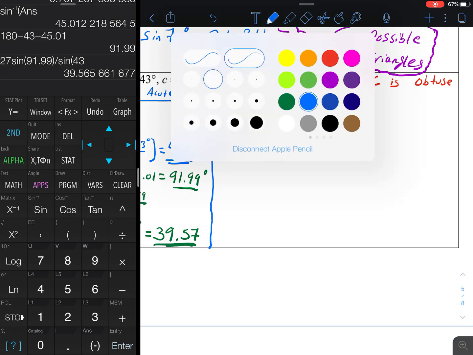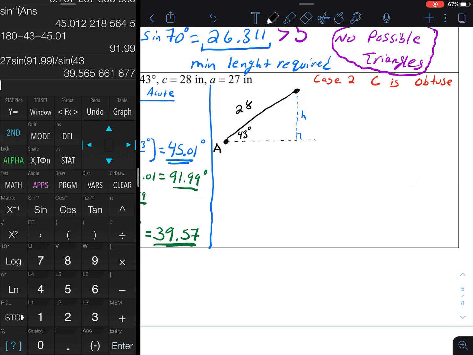Now that altitude was the 90, but now what's happening is angle C is going to be right here and puts angle B up top. So the triangle that I'm looking at solving here is that one that's there in black.